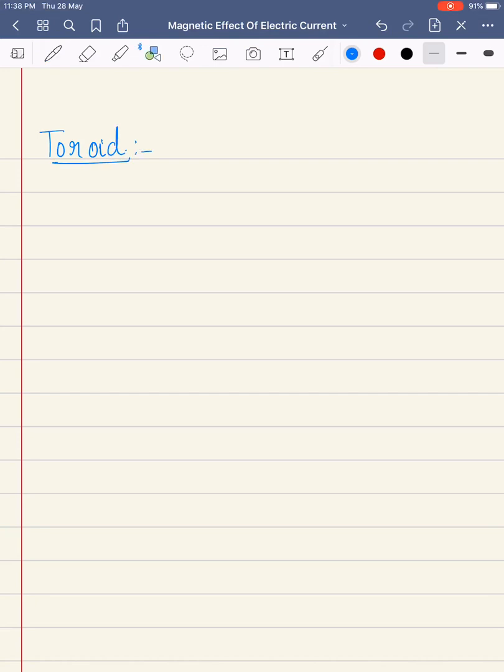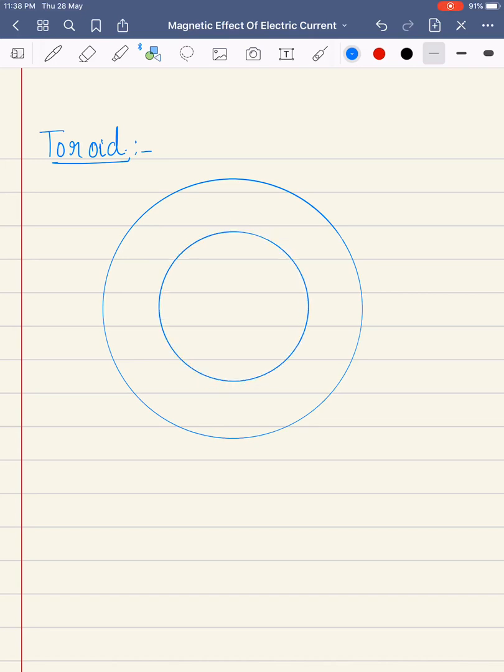When I say solenoid, a solenoid is a circular coil which is wrapped in the shape of a cylinder. Now this same cylinder, if you bend it in the form of a circle, what you will observe is it's in the form of a donut. The turns of coil will be wrapped like this.